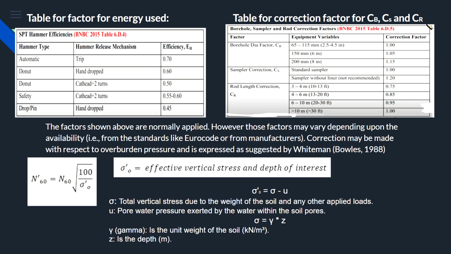The borehole, sampler, and rod correction factors based on BNBC 2015 Table 6D5 show different factors, which are borehole diameter factor, sampler correction, and also rod length correction with their respective correction factors.